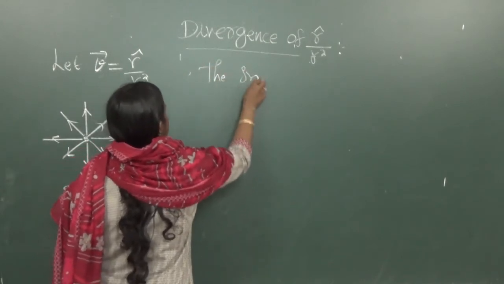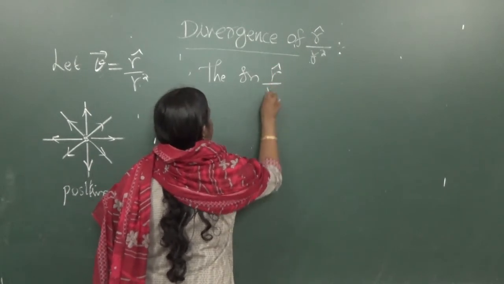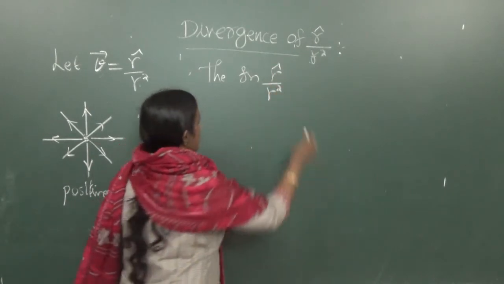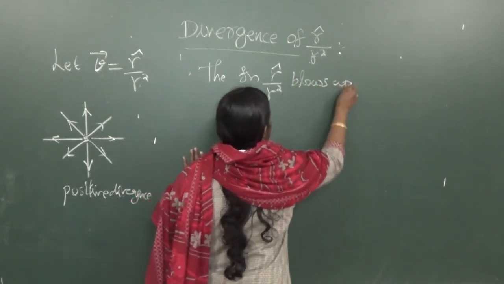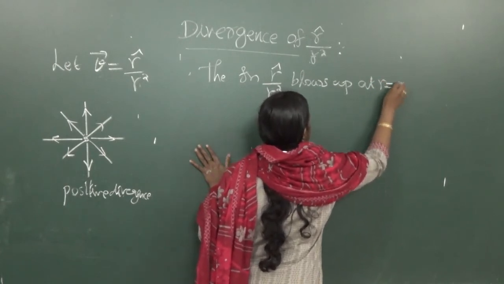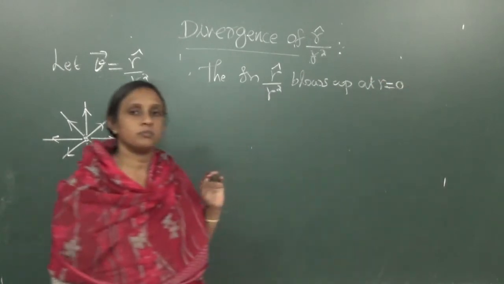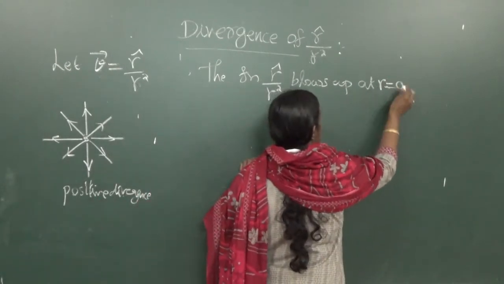The function r cap by r square blows up at r equal to 0.